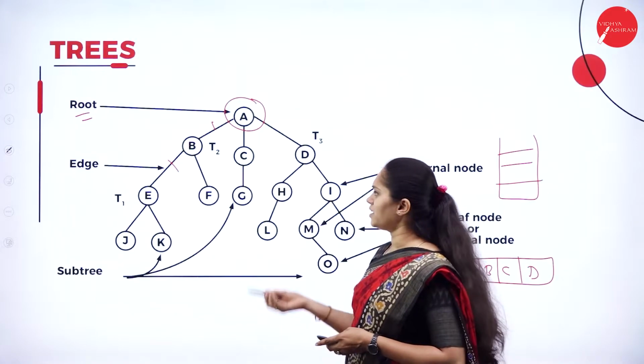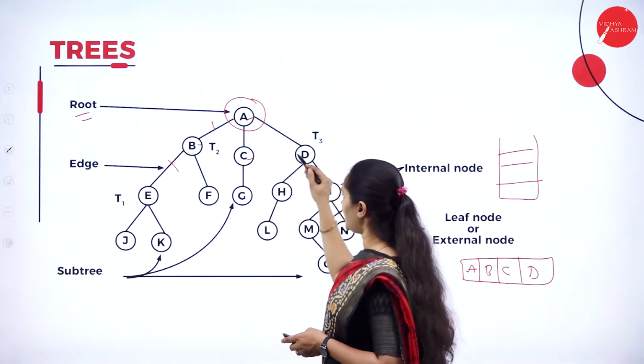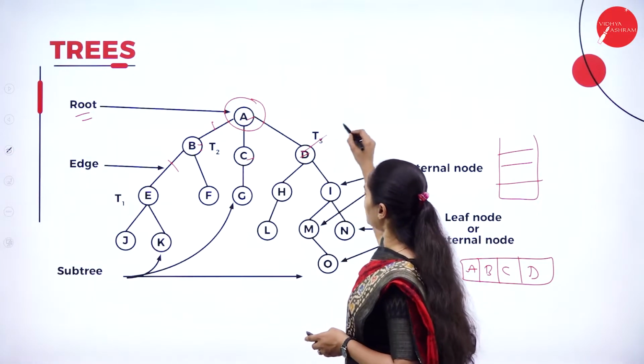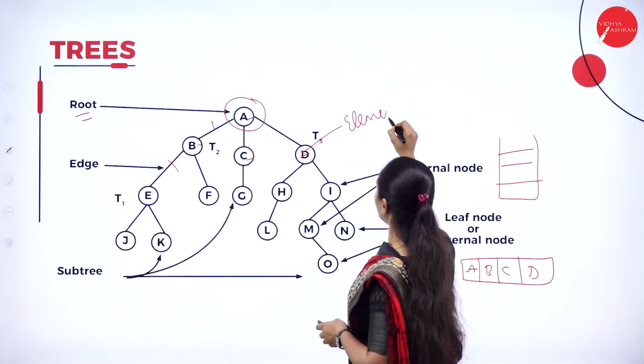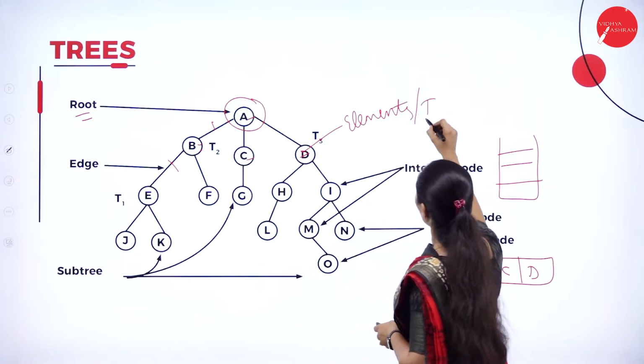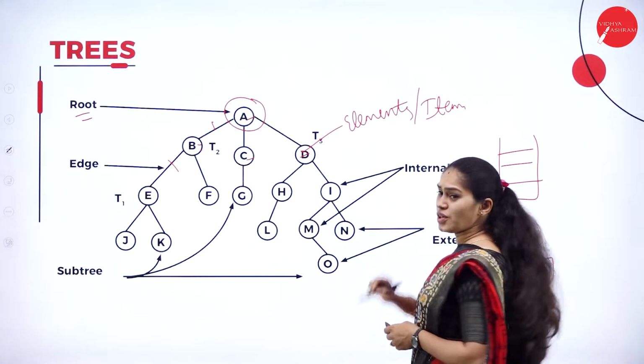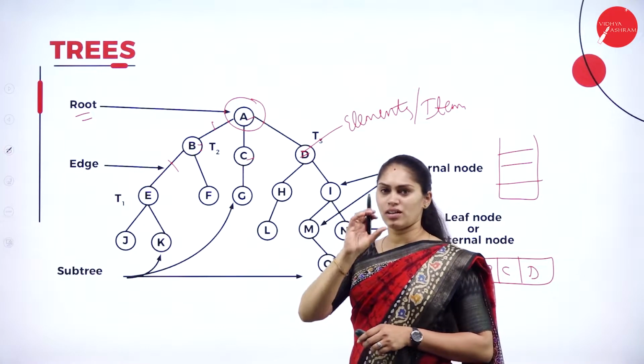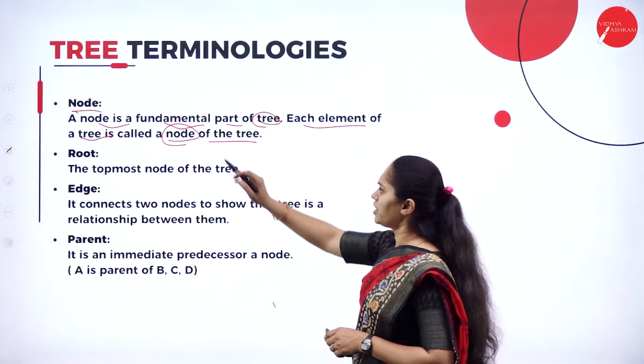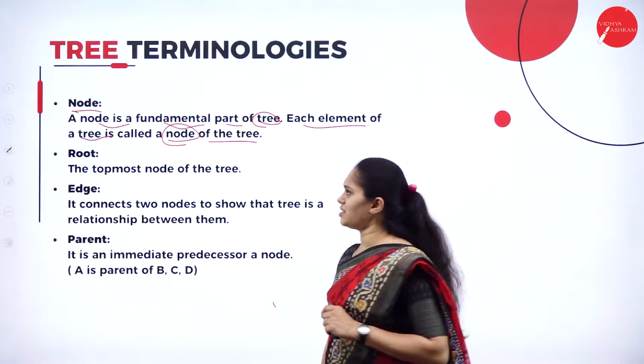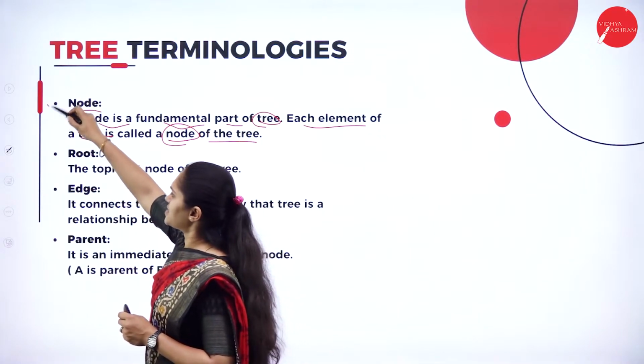For example, if you consider A, B, C, D, all these are the elements or items. In order to hold that, we require one node, that is considered as what? Node of a tree. I hope you understood the first terminology, that is node.